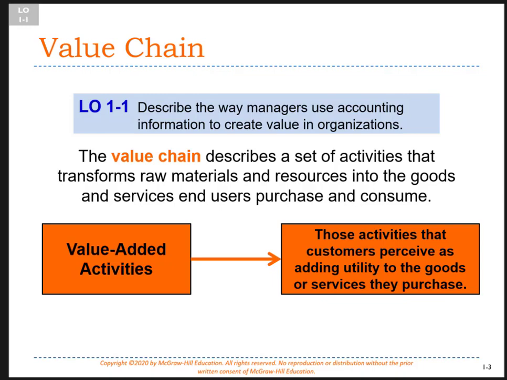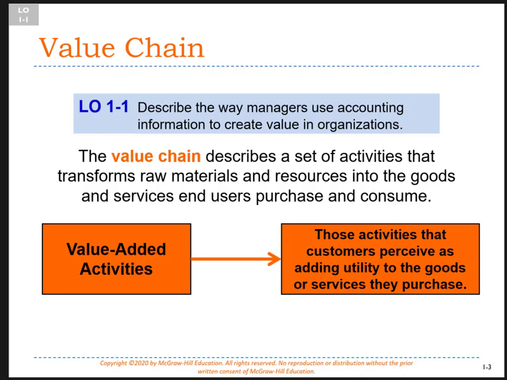And companies are deciding which part of the value chain to be part of. Can they provide, and the real key is, can they provide more value to you as a consumer than it costs them to do what they do?